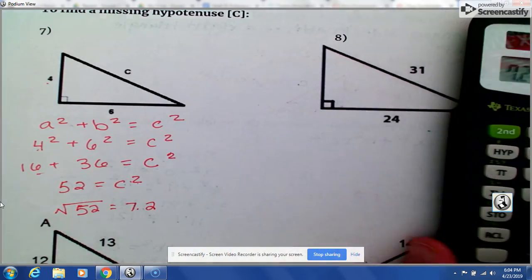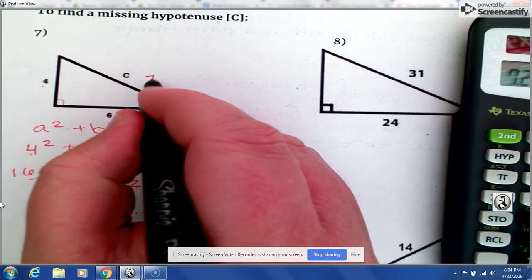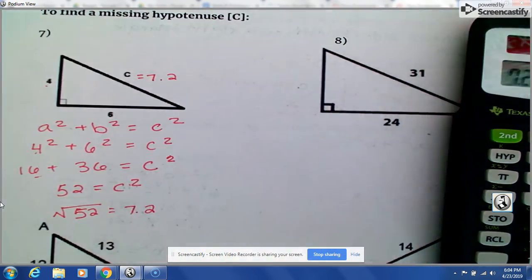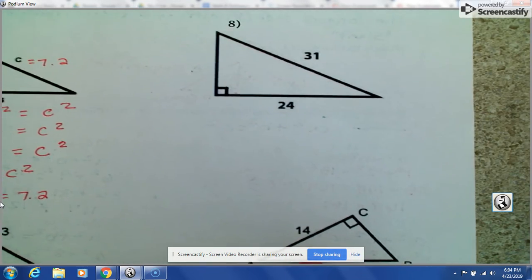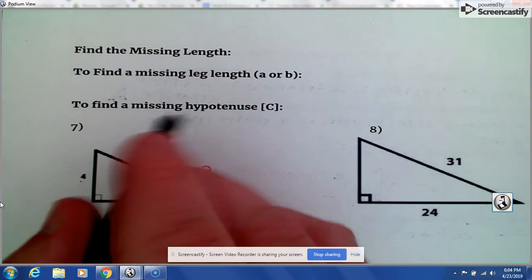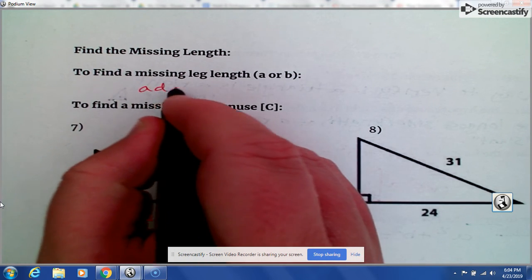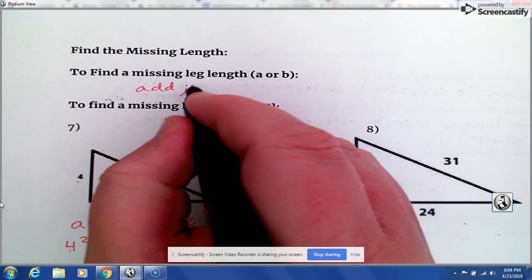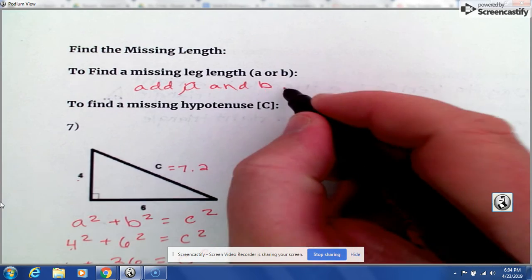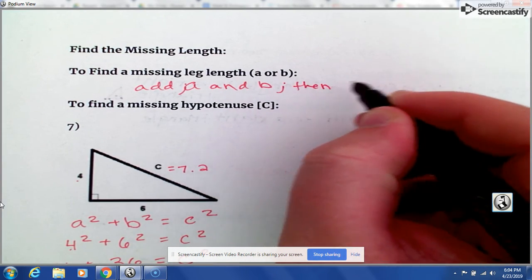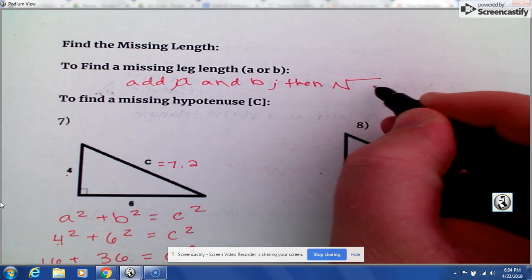That's my hypotenuse. That's my C. So this is 7.2. Now, for number 8, when you're finding the missing hypotenuse, you add A and B, and then you square root your answer, okay?